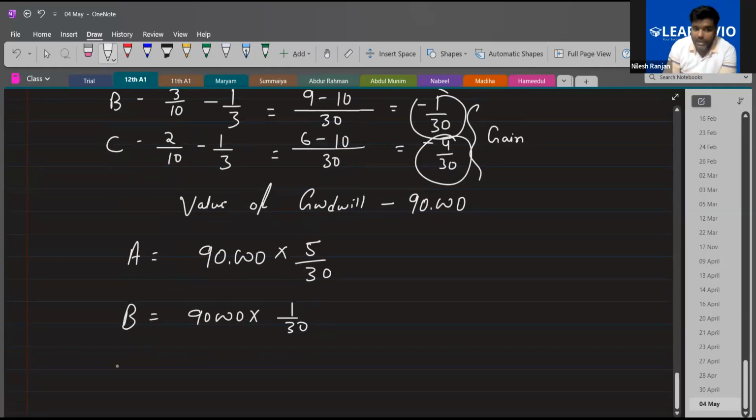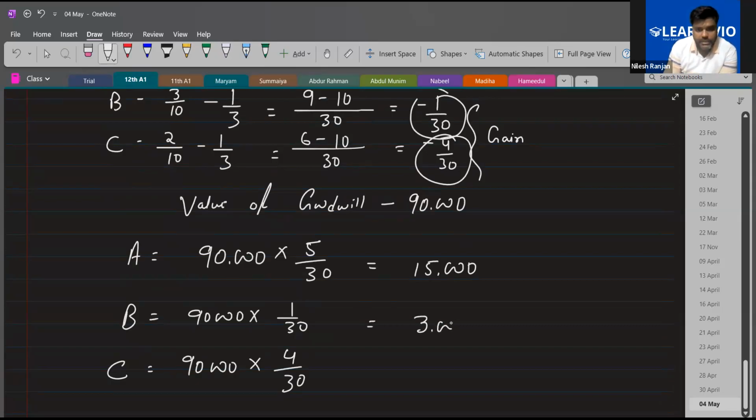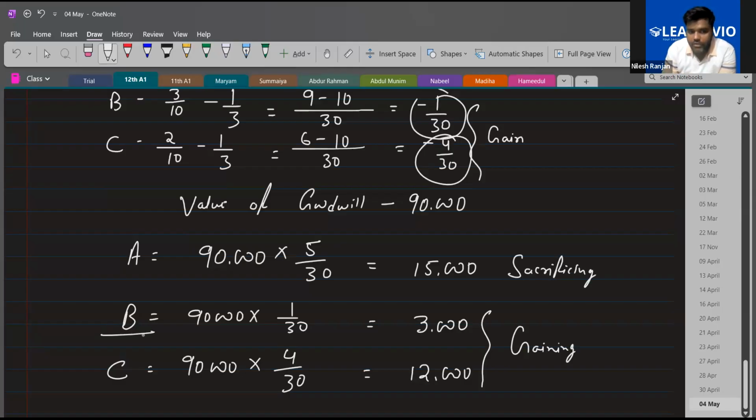For calculation purposes, you don't have to consider the negative sign. So it will be 15,000 for A, 3,000 for B, and 12,000 for C. Now these two are gaining partners, so they will pay to A. So for the journal entry, it will be B capital account debit, C capital account debit, to A capital account.